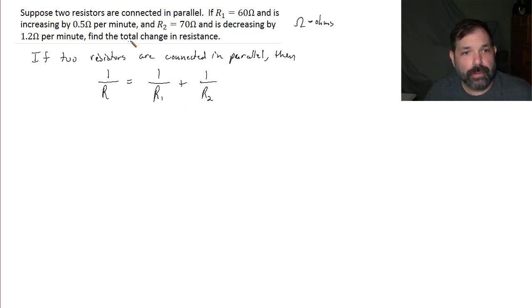All right, we are asked to find the total change in resistance. I need to find dR/dt. And I know a whole bunch of pieces. I know the individual resistances at that time, and I know how they're changing.